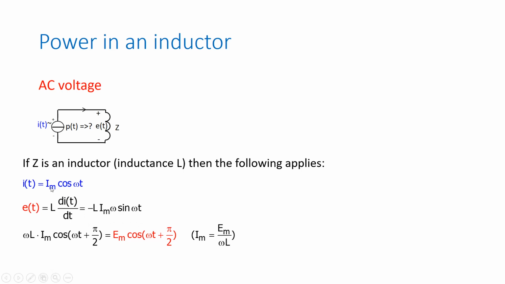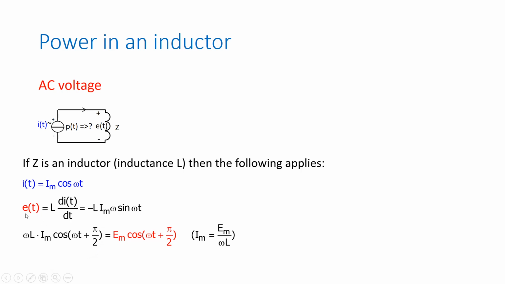Because we had a cosine definition in the current, it's easier to see when we transform this sine into a cosine. So minus sine omega times t is equal to the cosine of omega times t plus the phase shift of 90 degrees, pi over 2 radians.